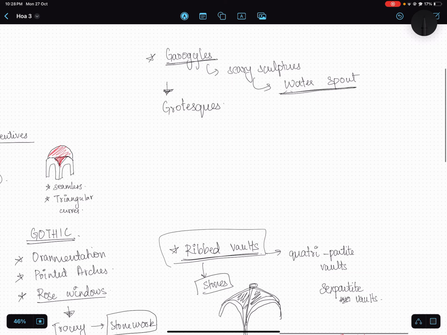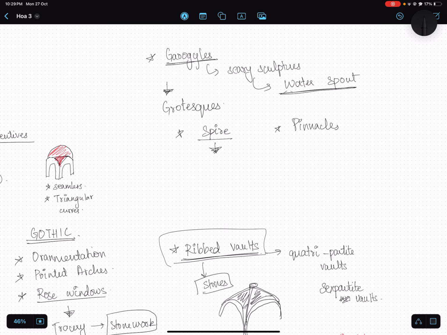And they had spires and pinnacles. Spires were placed on top of towers, so they were huge, high pitched, cone like structures placed on towers.